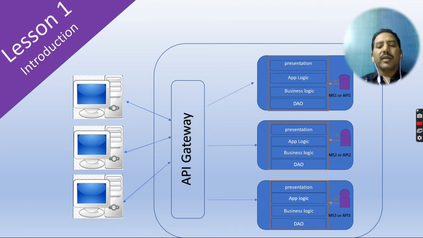Here, as I said, we have presentation, application logic, business logic, DAO, and this is a microservice or API. We can consider it as an API. This is acting as one service, and this one is another service. This is another service. So microservice one, microservice two, microservice three, and we have one API gateway.